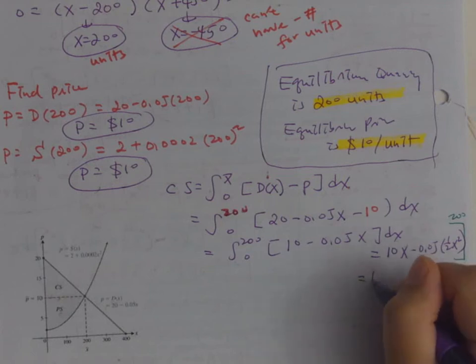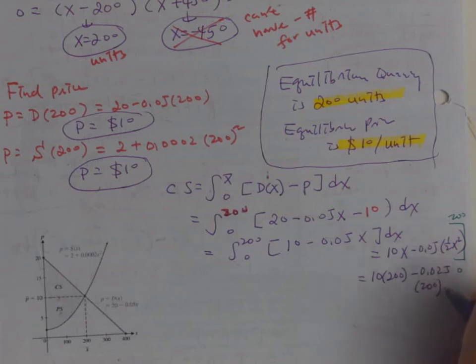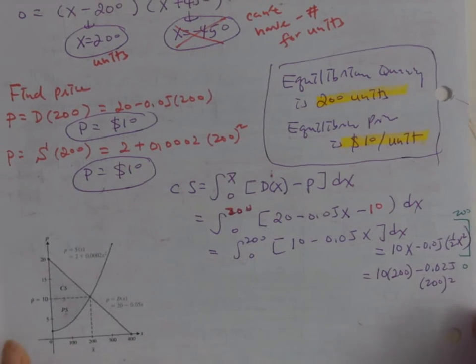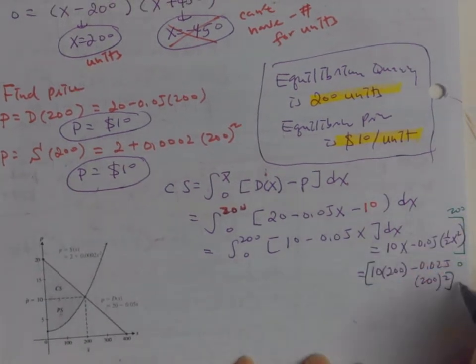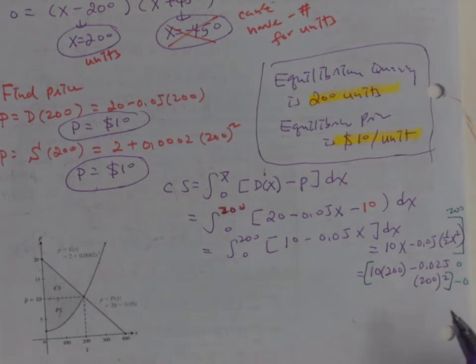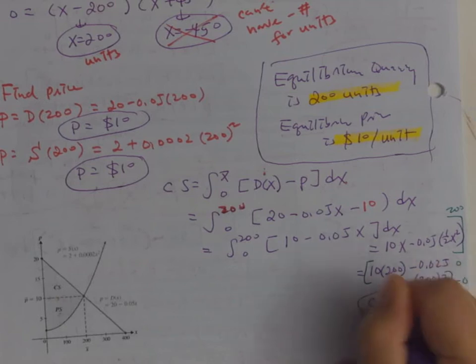This is 10 times 200 minus 0.05 divided by 2, which is 0.025, multiplied by 200 squared. We're supposed to subtract the lower limit part, but that would be 0. If you plug it into the calculator, consumer surplus should be $1,000.